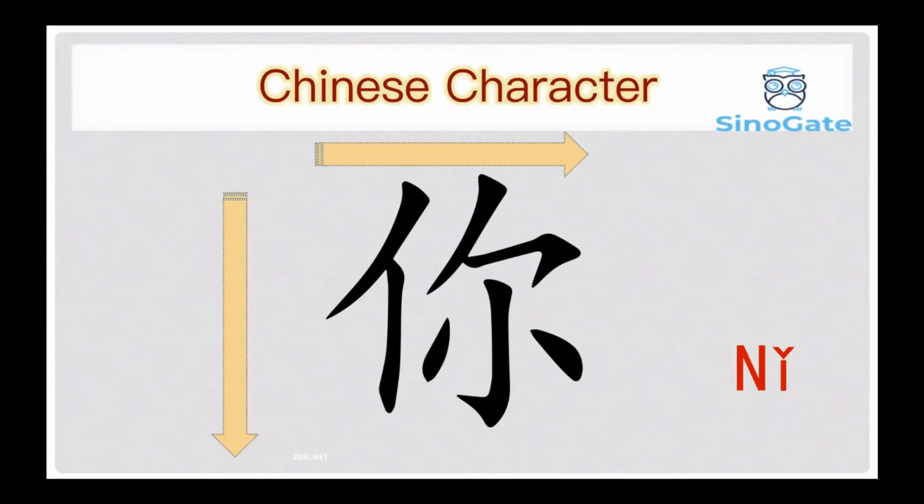Now, are you ready? So the first stroke, 撇, and then 竖. The right part, the top first, 撇, 横. And this one, a hook, remember? 钩, 横钩.